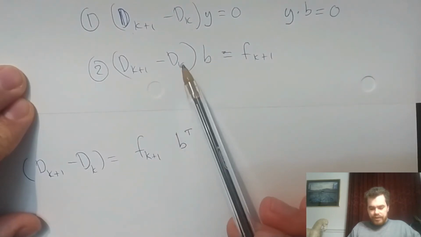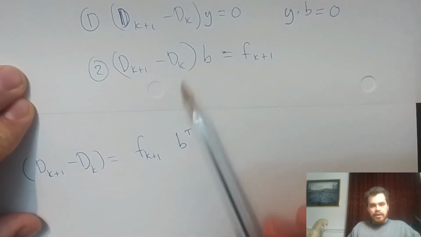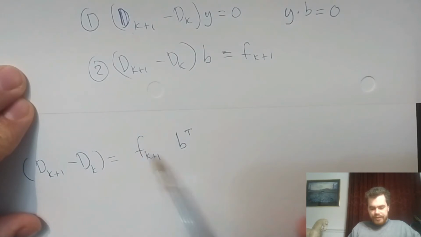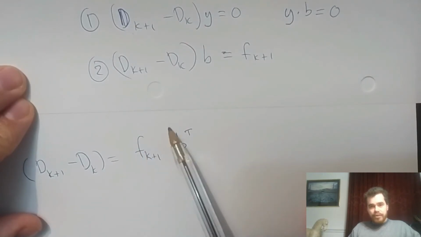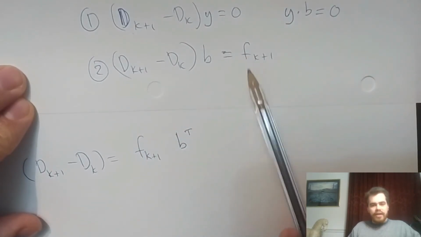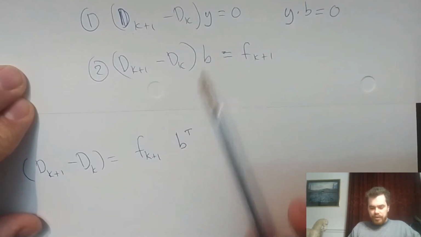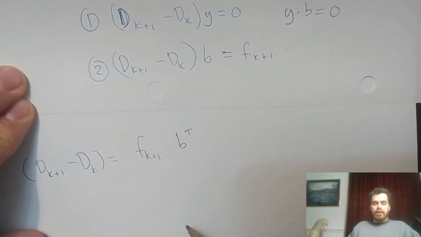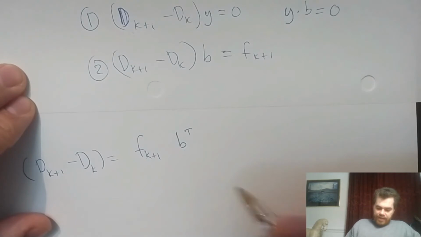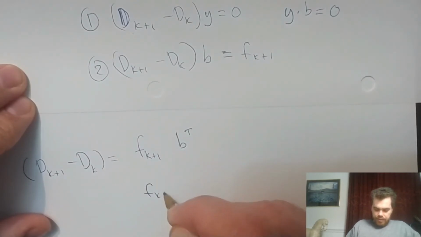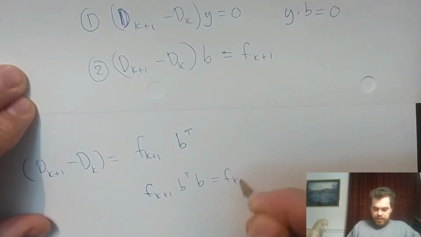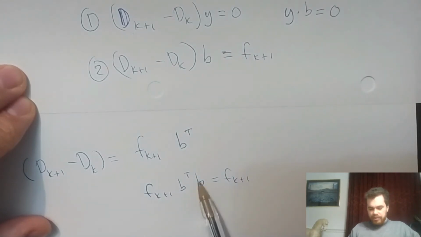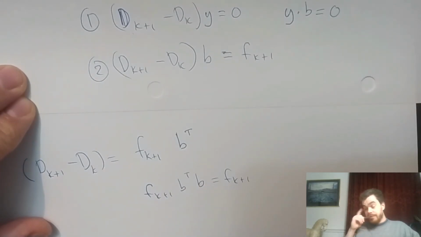The b multiplies this whole outer product matrix, and we don't end up with fk plus 1. These things don't cancel each other out. We have fk plus 1 b transpose times b is equal to fk plus 1, which would only be true if b transpose times b had no effect on fk plus 1.